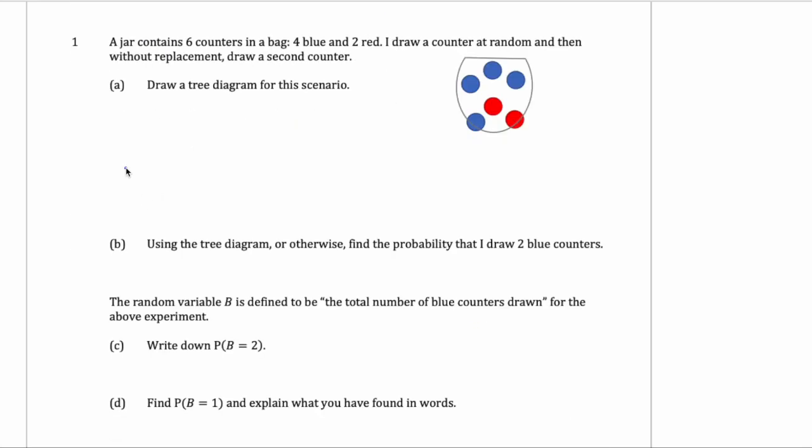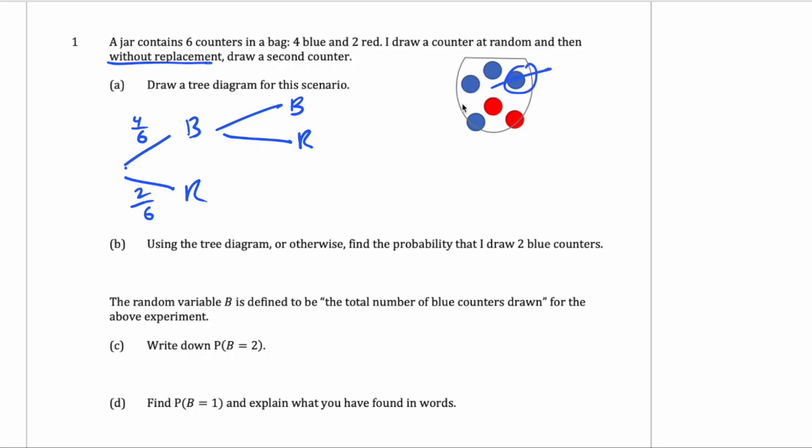So let's draw the probabilities here. We have blue or red. We've got a bag with 4 blue, 2 red, and the probability of getting blue here is 4/6, and red is 2/6. And on the second go, this is without replacement, so the blue one's taken, it's gone. Then we have five counters, and 3 of them are blue, so it would be 3 out of 5.